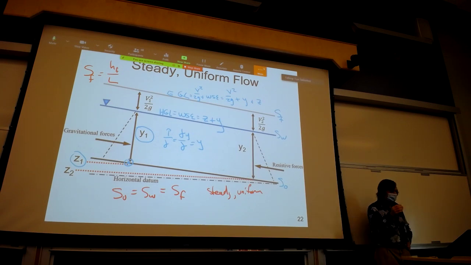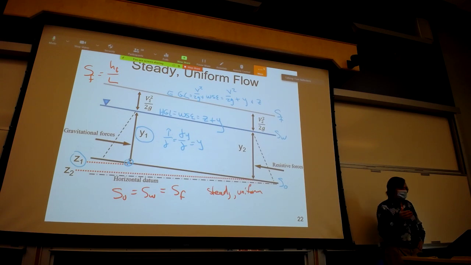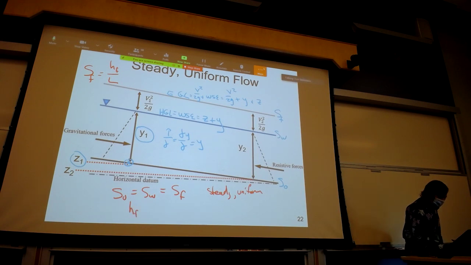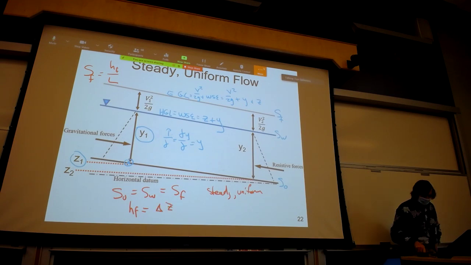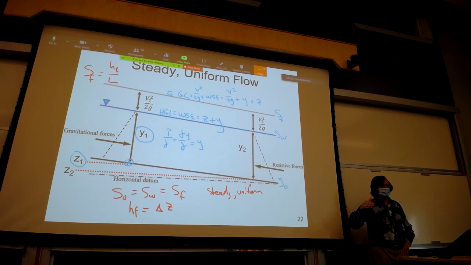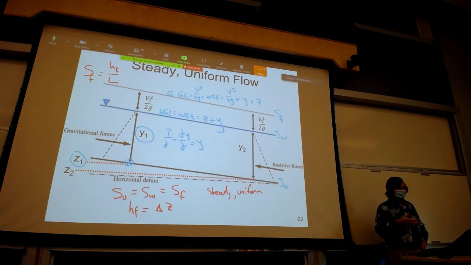And if you wanted to just calculate that friction loss, you could isolate the Manning equation for H sub F. But when S sub F, the friction slope, is equal to S0, the bed slope, that just says that H sub F is equal to, that's supposed to be an F, delta Z. Basically, in steady uniform flow, the energy you're gaining by going downhill is consumed by the frictional resistance.